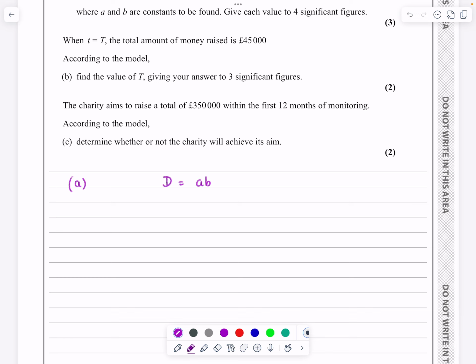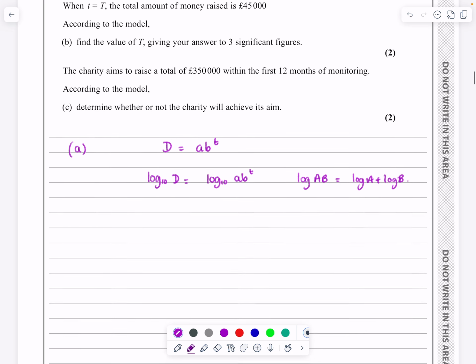Let's log both sides. We're going to log base 10 because that's what it says in the question. So log base 10 of both sides here. And then looking at this right-hand side here, we can split this up. First of all, I've got log AB here, which can be log A plus log B, one of our log rules.